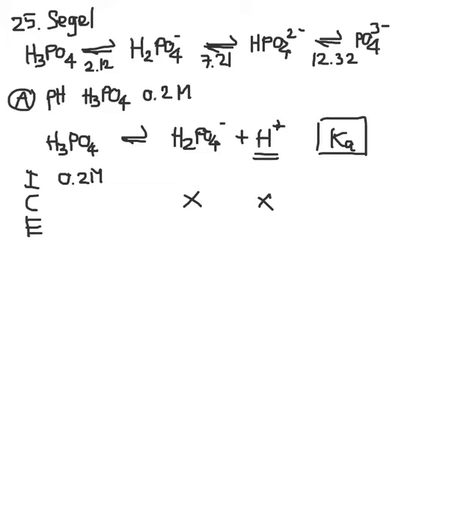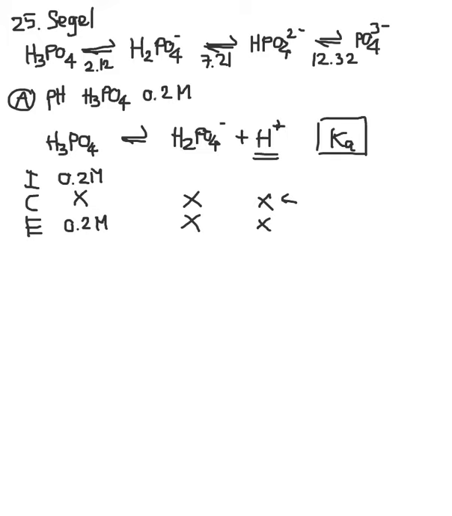At equilibrium, because this X amount is very, very small, we assume that the amount of H3PO4 is minimally changed, and there's an X amount of H2PO4 minus formed and an X amount of proton.